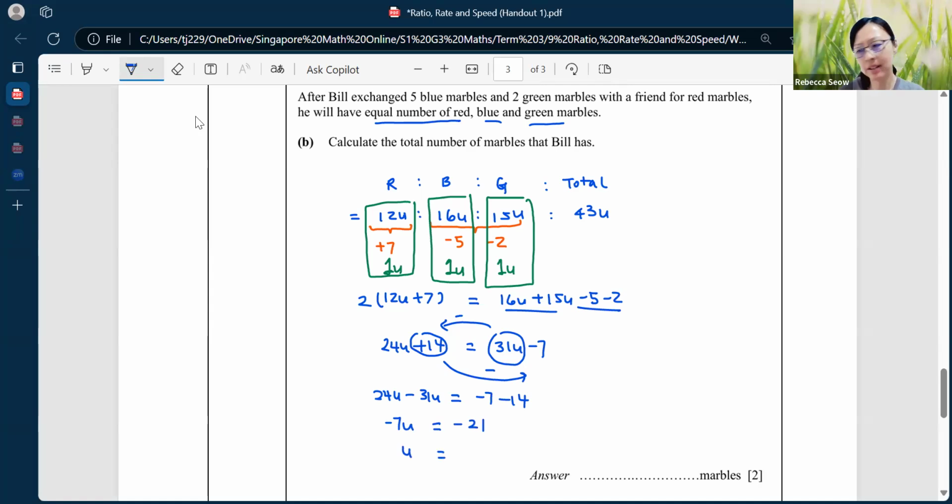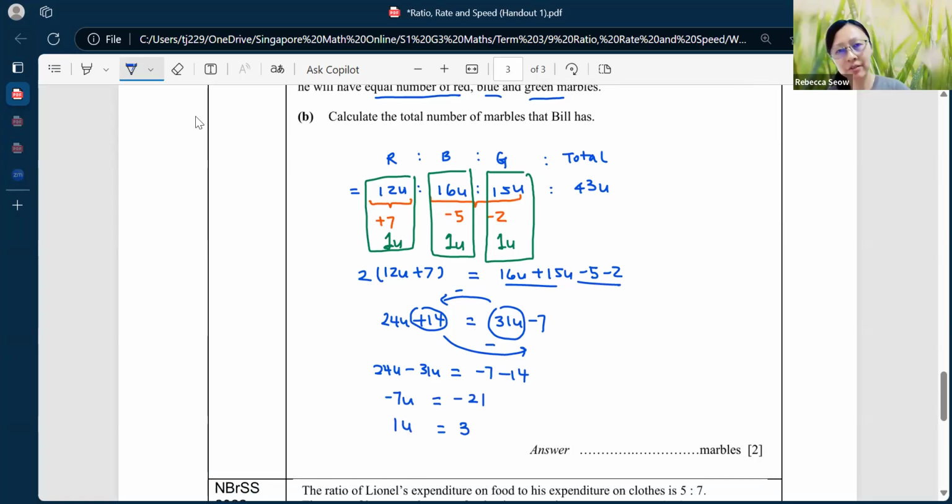Hence u will be 3, or 1u will be 3. Total number of marbles that Bill has remains at 43 units. So 43 units will be equal to 129, so this will be the answer to the question.